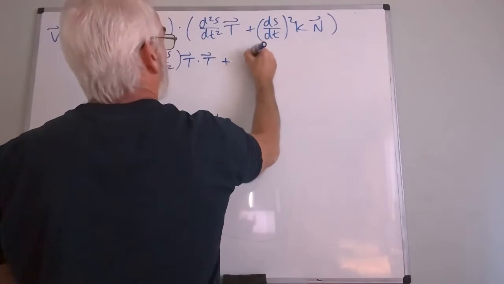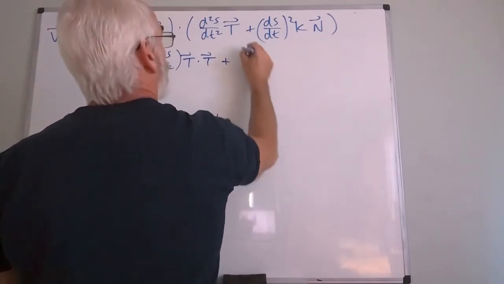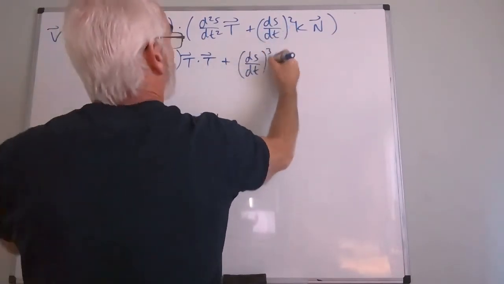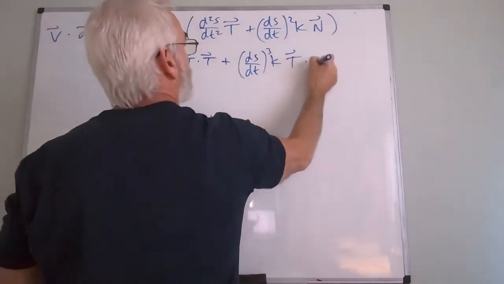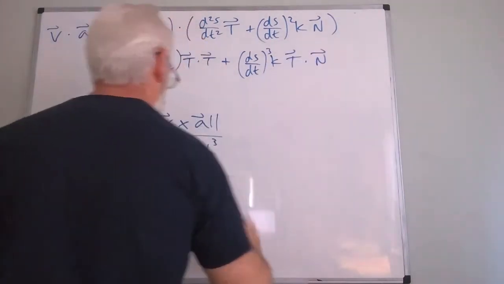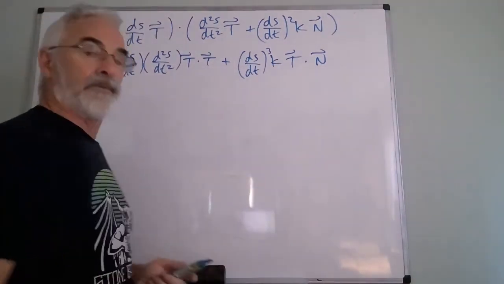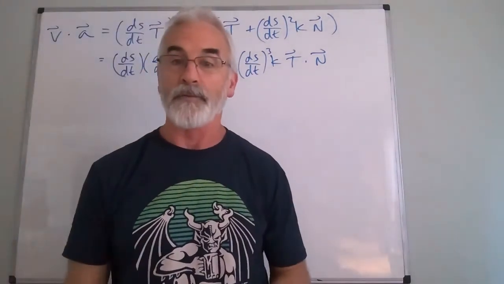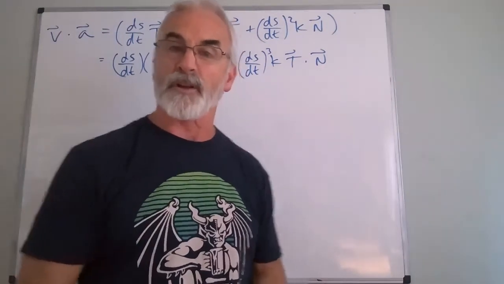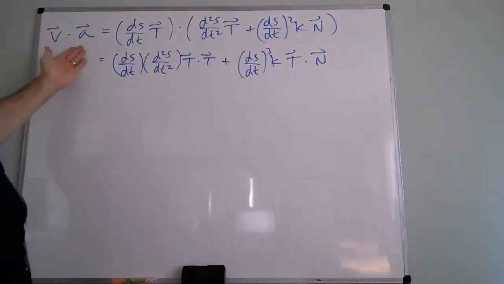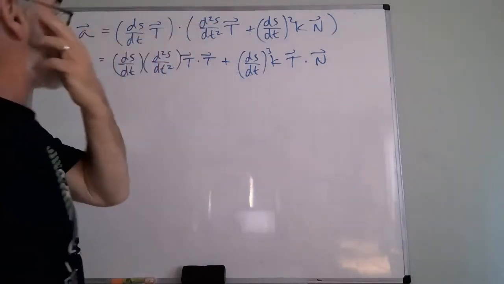So this would be (ds/dt) quantity cubed kappa T dotted with N. I don't know why I want to do the dot product, but we use the cross product to help us find curvature. Well, let's use the dot product, see where it goes. So this is V dot A if I break it down into tangential and normal components.